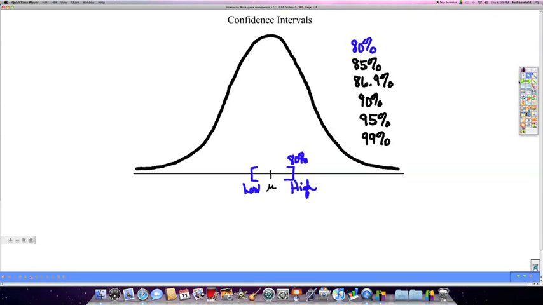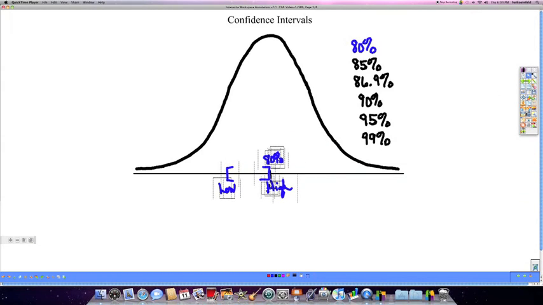In fact, it is possible that the mean is actually not here at all, that our low and high really aren't centered on the population mean, and it's possible that our low and high are situated here and we just can't be sure of that.